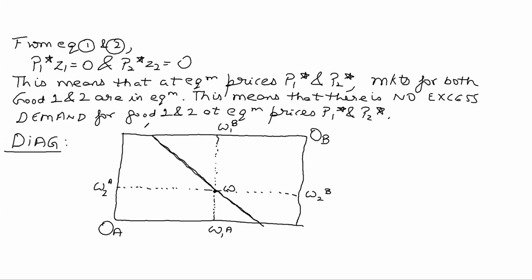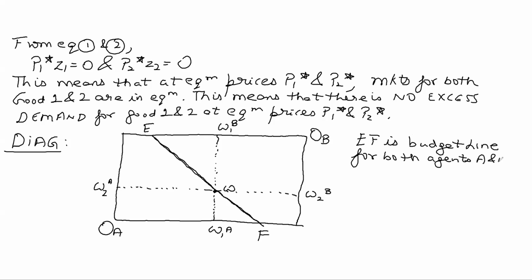Let me mark this as EF. So EF is the budget line, and now understand this. EF is the budget line for both agents A and B.